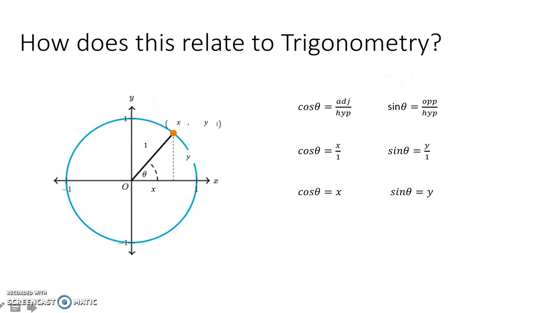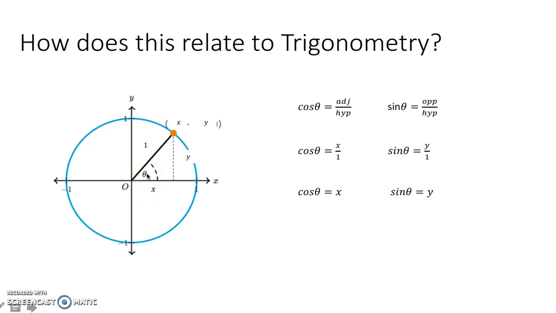How does this relate to trigonometry? So you might have seen on an earlier slide that I sort of skipped past those mentions of sine and cosine we haven't talked about yet. So let's say we're looking at just any old point on the unit circle. We don't know where it is, so we'll call it x and y. So this distance is x, this distance is y, this one is 1. If I was to try and figure out x using trigonometry, so SOHCAHTOA, x is the adjacent to theta.